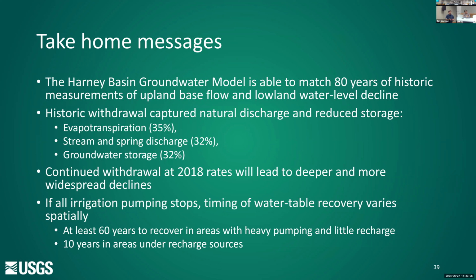We're able to get a pretty good match of that trend. And we talked about the historic withdrawal, and I took that away and looked at what impacts there were on the other forms of discharge. They all came out relatively equal between the ET, streams and springs, and the groundwater storage decline.